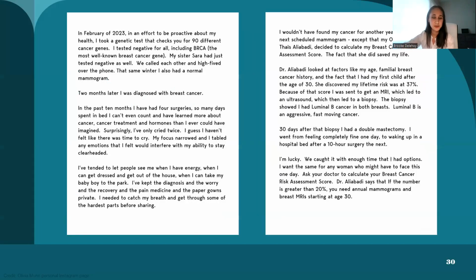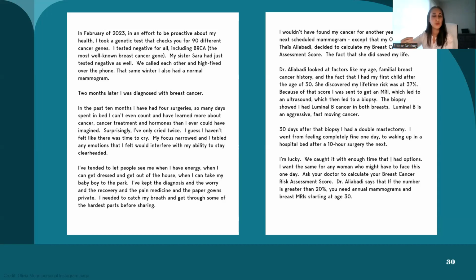I wanted to include some images from her personal Instagram page, as she was like one of these patients that we have talked about. In her story, she describes undergoing genetic testing, a pretty big panel of genes. She says 90 different cancer genes, and she was negative, her and her sister, as we can see here. They were very excited. However, a couple months later, she discloses that she was diagnosed with breast cancer.